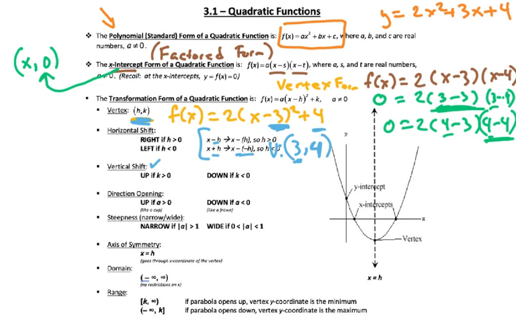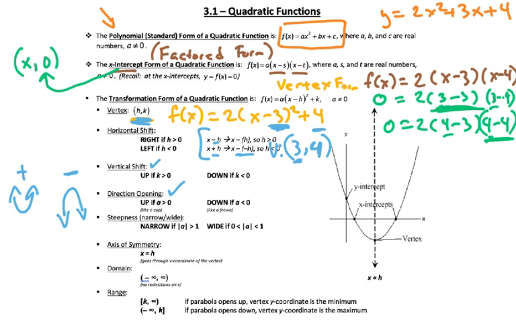Okay. If it was a negative 4, it would have just been down 4. Okay. The directional opening is exactly what you think intuitively, which is if the function is positive, you tend to smile, so it goes up, and if you're negative, you tend to frown, so it goes down. Okay?